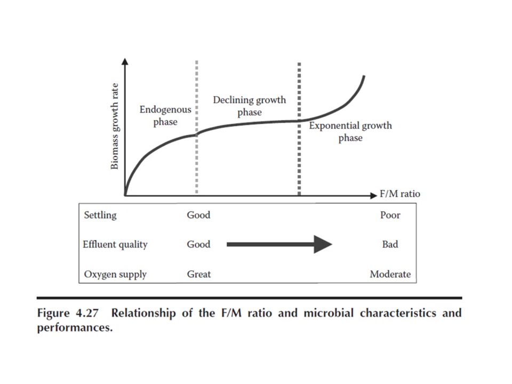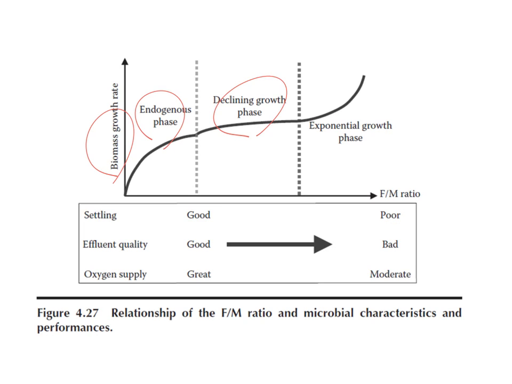So the way is this: the HRT affects the F/M ratio, and by having different F/M ratios, we have different growth stages for the microorganisms. In the endogenous phase, we have a decrease in biomass, in the declining growth phase we have a stable growth rate, and in the exponential growth phase we have rapid biomass growth.